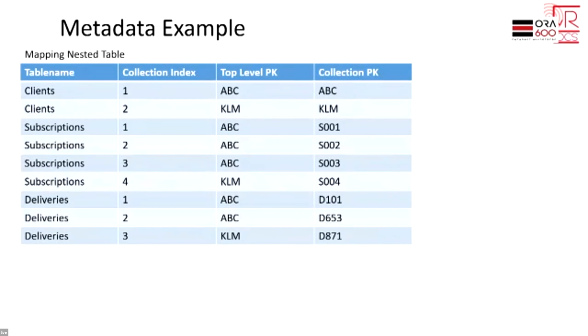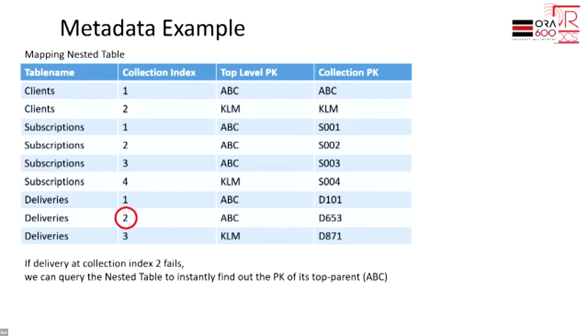Then, this would be an example of such a metadata nested table. I have 2 clients at collection index 1 and 2 for their ABC and KLM. I have 4 subscriptions. 3 of them belong to ABC, 1 of them to KLM, and I have 3 deliveries, 2 of them belonging to ABC and 1 to KLM.